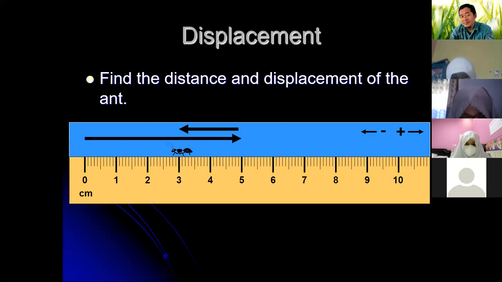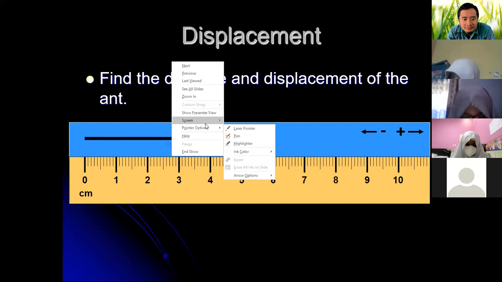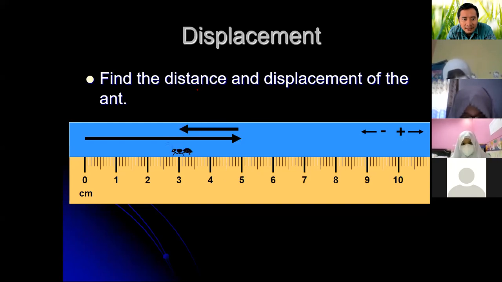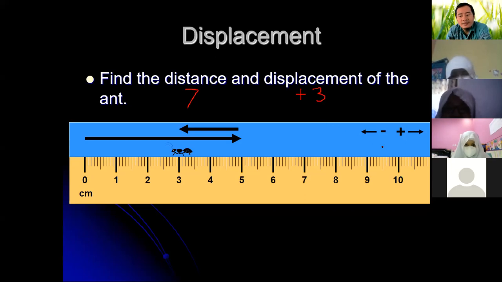What is the displacement? Ya, Atalarasa? How? The distance is 7 centimeters and the displacement is plus 3. Plus 3. Okay, this is Atalarasa. Maybe the others, please.